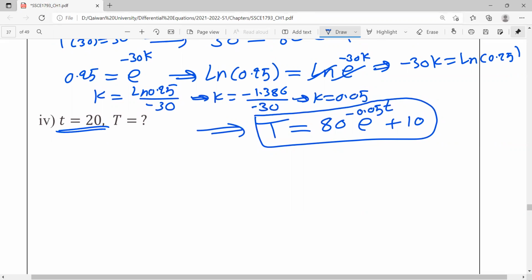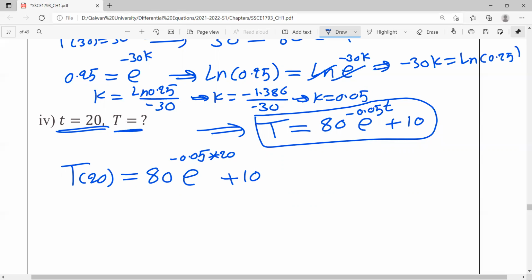Here, we have t given to be 20. What's the temperature of the object? T of 20 equals 80 e to the power minus 0.05 times 20 plus 10.